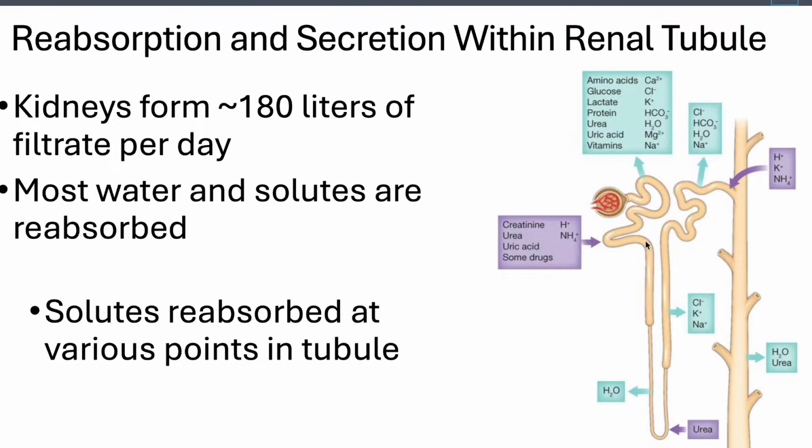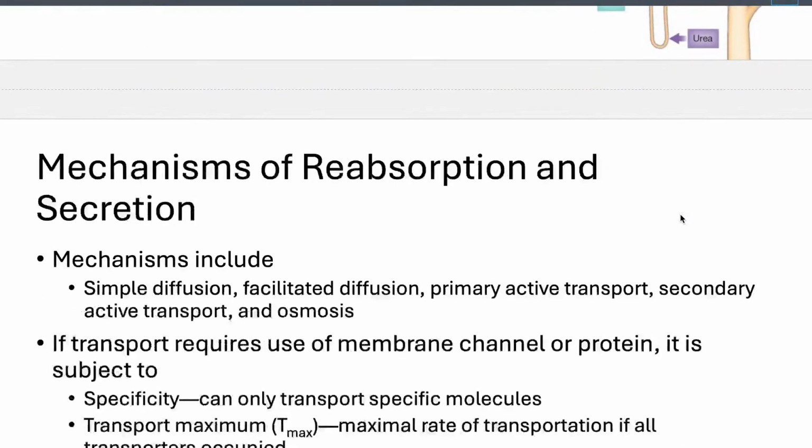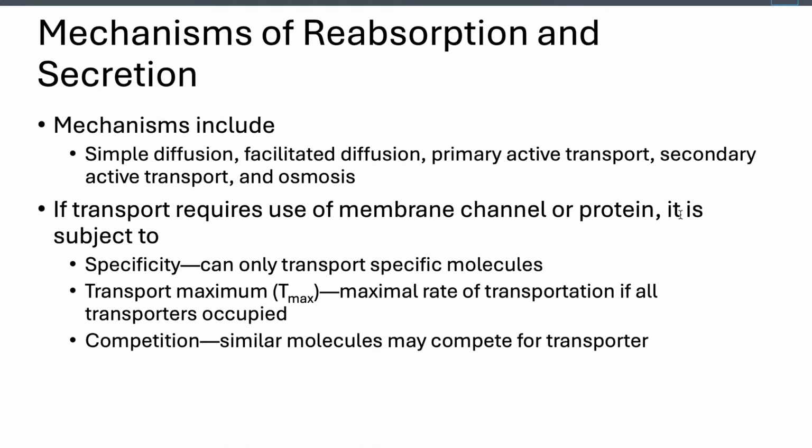Before we move on, take a mental screenshot of this and acknowledge that the proximal convoluted tubule holds the most amount of stuff secreted and reabsorbed.